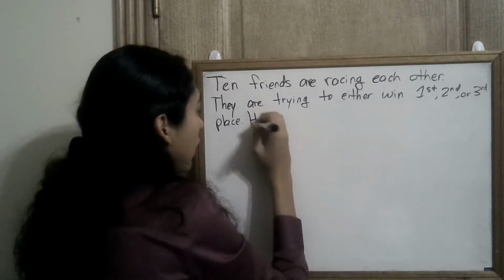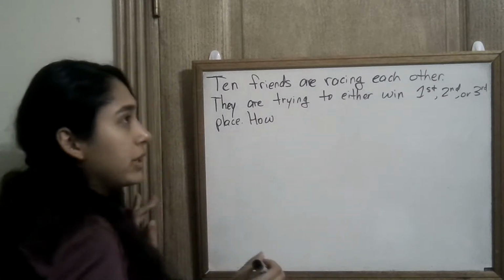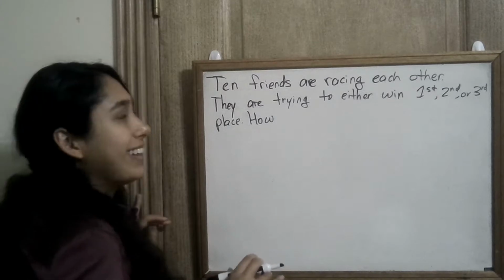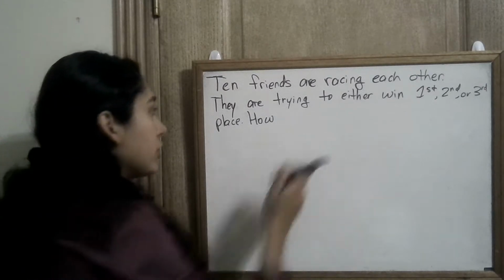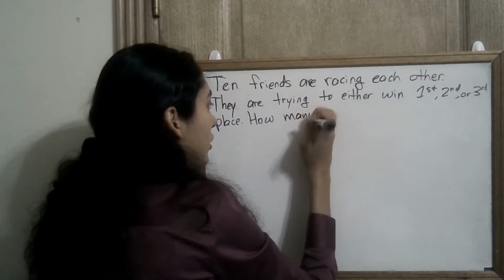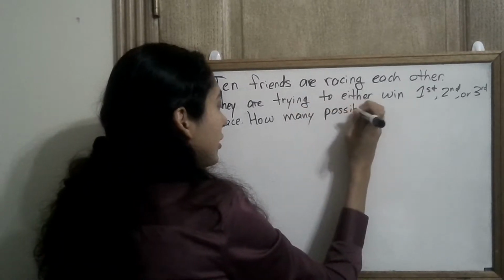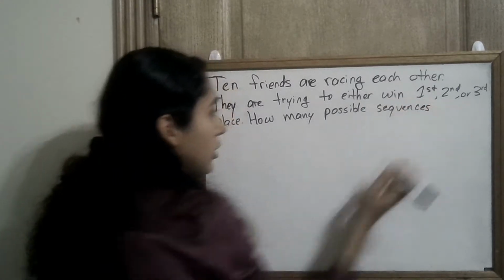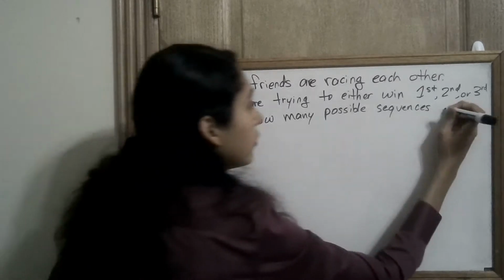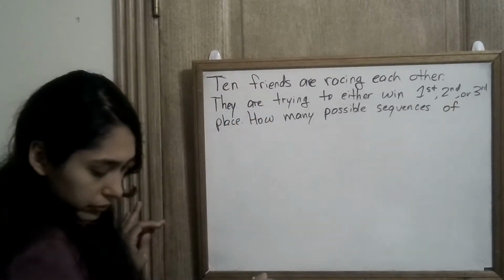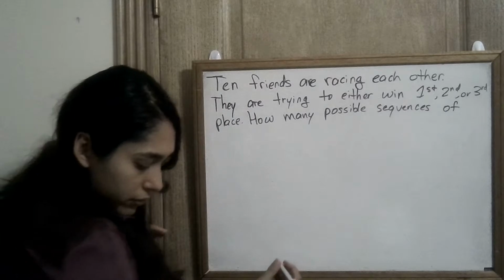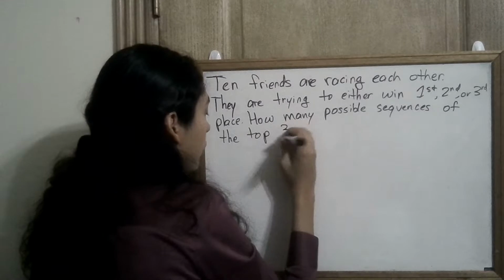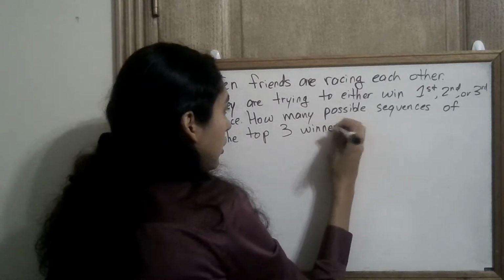How many possible sequences? This is another key term. When you see the word sequence, big possibility, no pun intended, of it being a permutation. How many possible sequences of the top 3 winners are there?